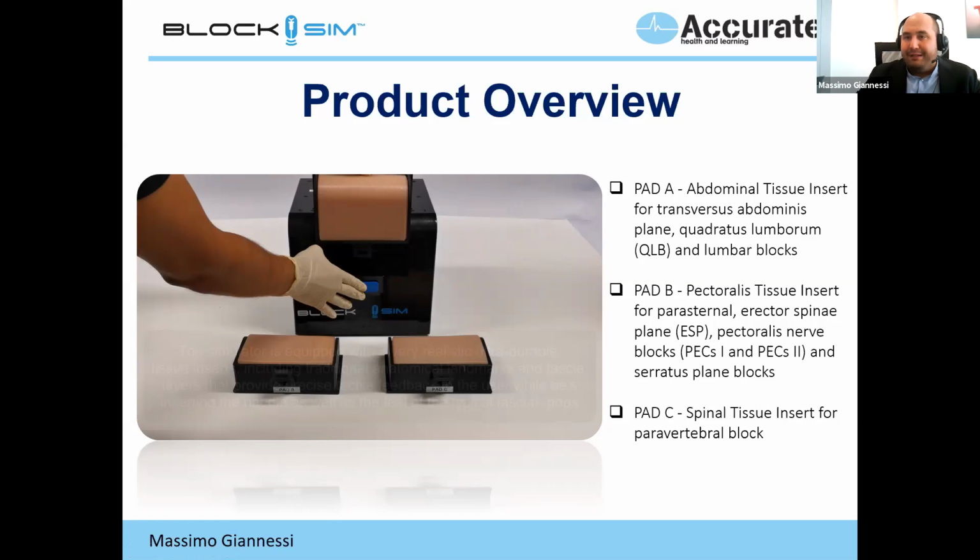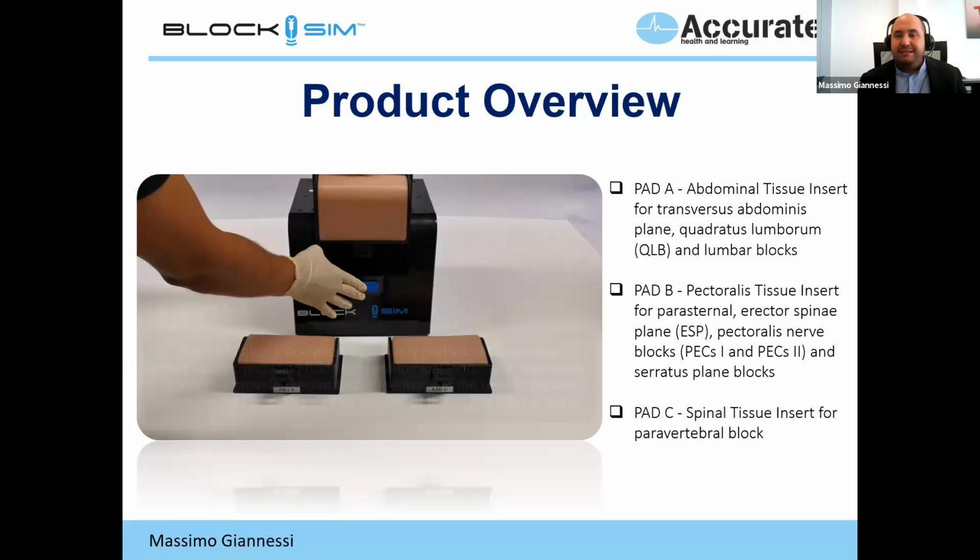Then we have pad B, let me move you around. Pad B is the pectoralis tissue insert for parasternal, for ESP block, for pectoralis, for PEX 1 and PEX 2, so pectoralis nerve blocks, and the serratus plane blocks. This pad is different from pad A because inside we have fake bones that you can actually feel.